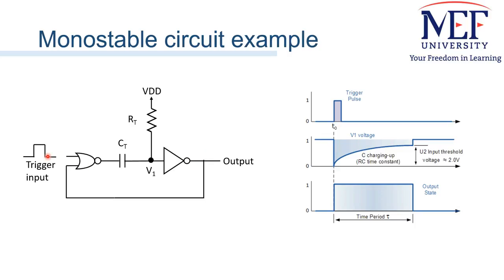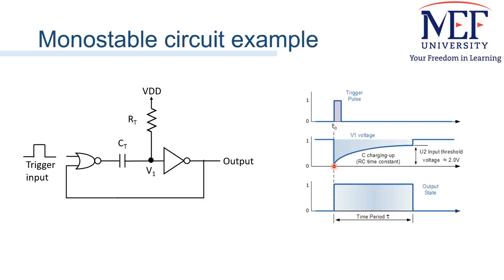Assume we have applied a trigger input. When this point is 1 and this point is 0, this point, the output of the NOR gate, will go to 0. However, the other side of this capacitance is connected to the supply, so this capacitance will be charged through this supply voltage.